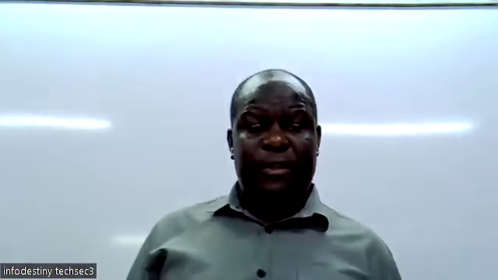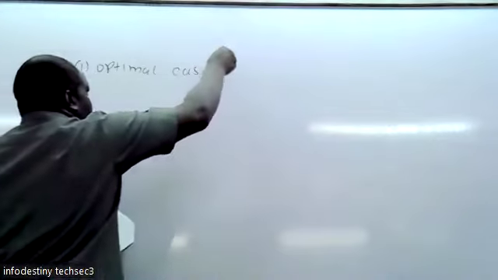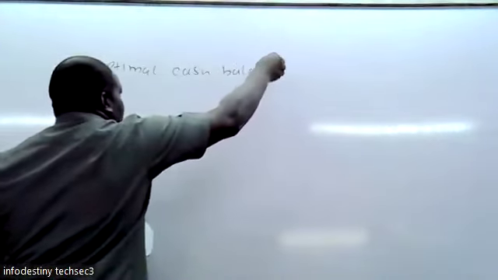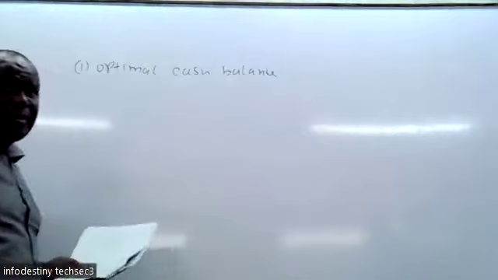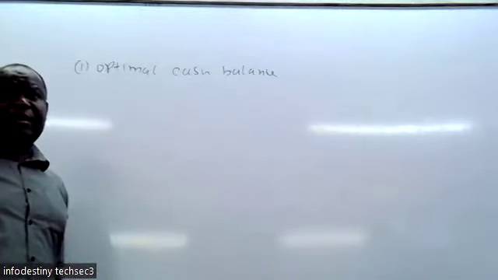So we start with Roman letter 1, which is the optimal cash balance.